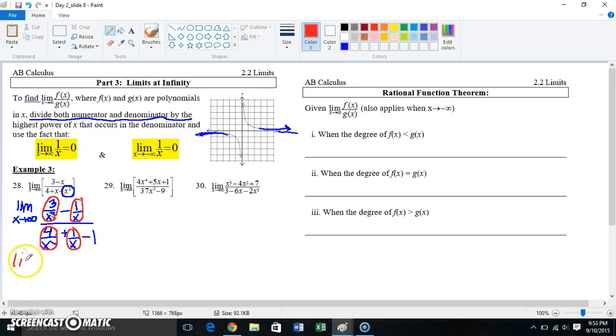And so the limit of this expression turns out to be 0 over negative 1, which is 0.